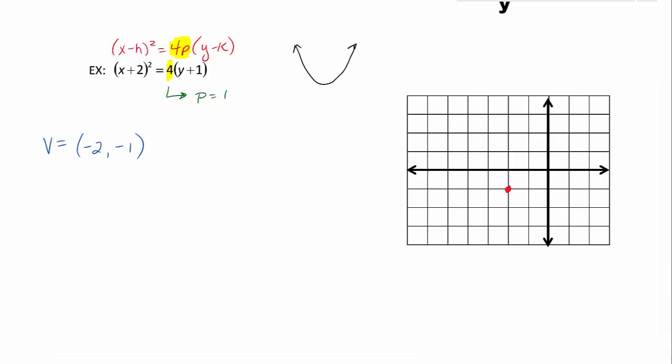I'm going to go p units into the parabola to identify my focus, and I'm going to go p units behind my graph to identify my directrix. So since my parabola is opening up, I need to go up to identify my focus, and then the directrix is going to be p units behind it. It's going to be the line down here.